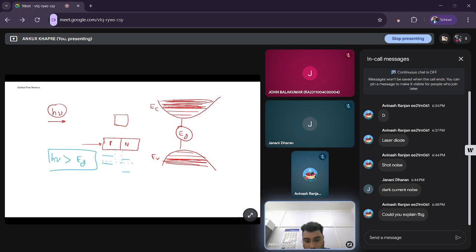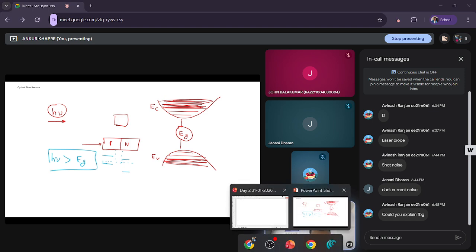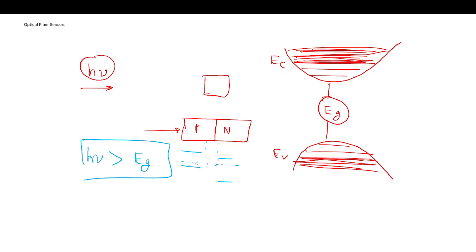So where were we? Yeah, so we know the Fermi energy level and everything. Band gap also we know: for silicon it is an indirect band gap, for indium gallium arsenide that is a direct band gap.